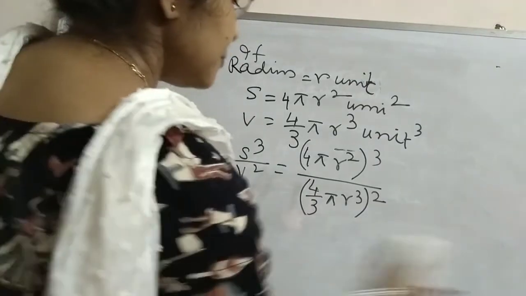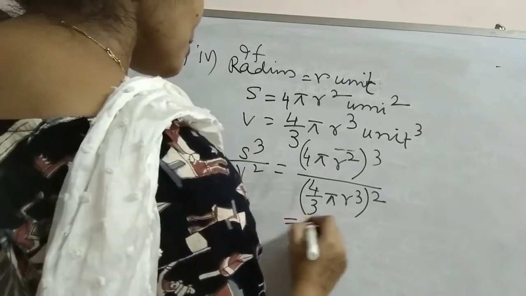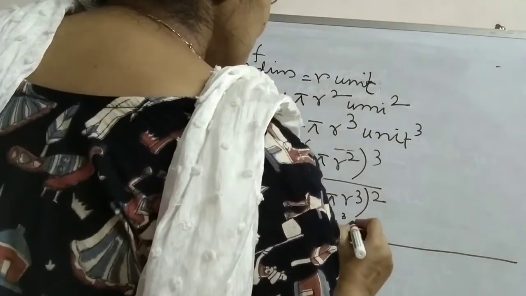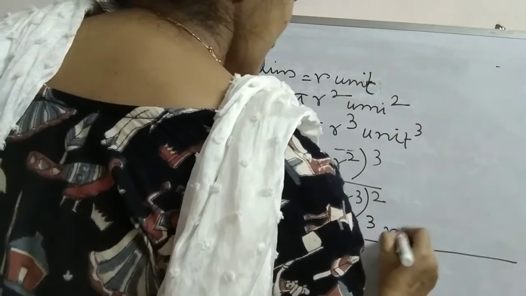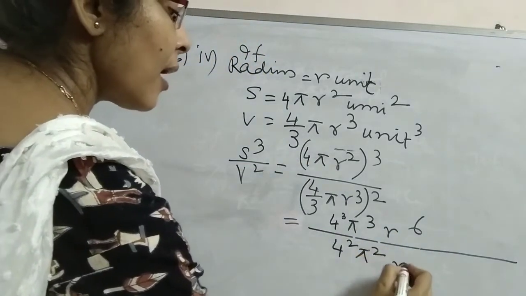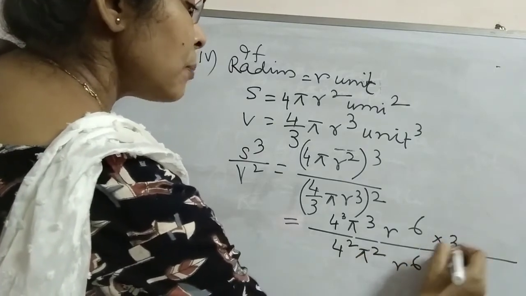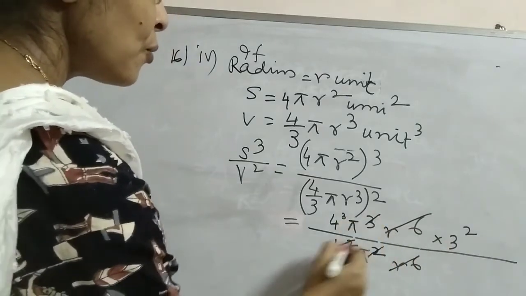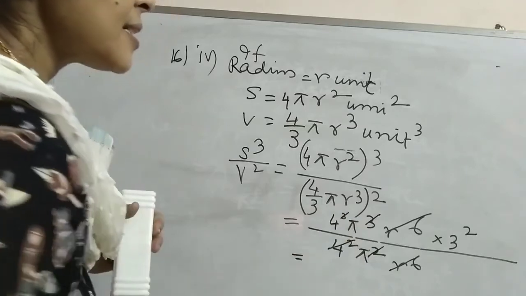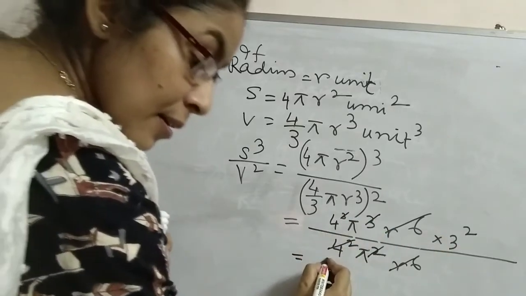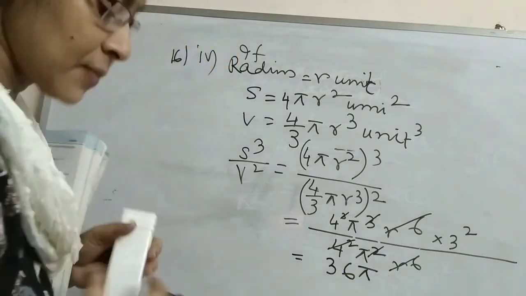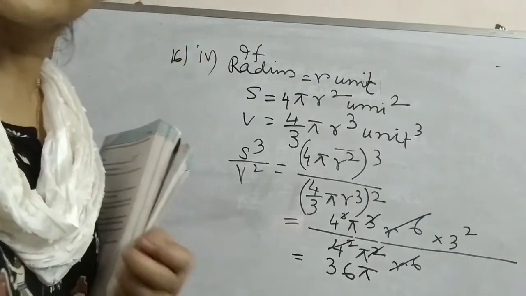Cancelling r to the power 6, pi square and 4 square, we get 36 pi. Answer is 36 pi.